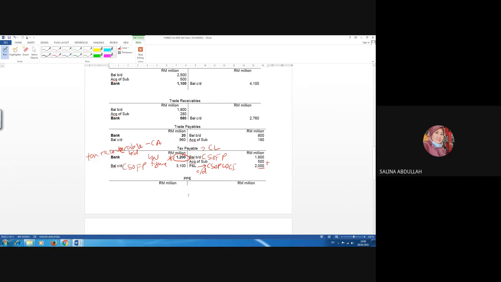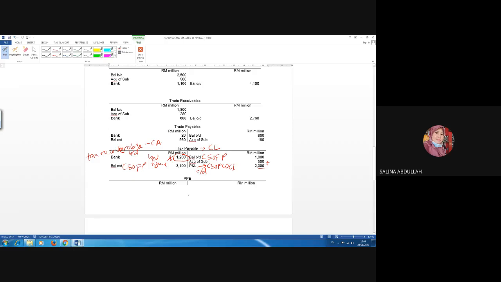Based on my experience, some students tend to make mistakes where they take a different figure to be transferred to the consolidated statement of cash flow. Instead of taking this 1.2, some students carelessly take 1.8.